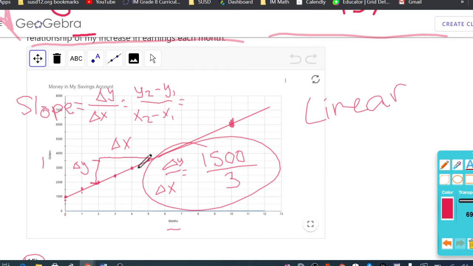And in this graph right here, we can find the slope between any 2 points on the line. These 2 points that I'm darkening now are easy to read because they are right on grid lines. So let's put these points into this equation. Right here, the y value is 3,500. And if we subtract that from this y value, that's 2,000.